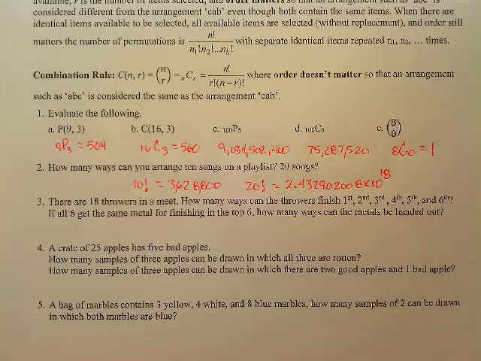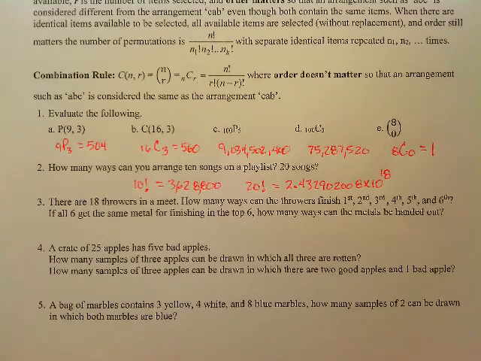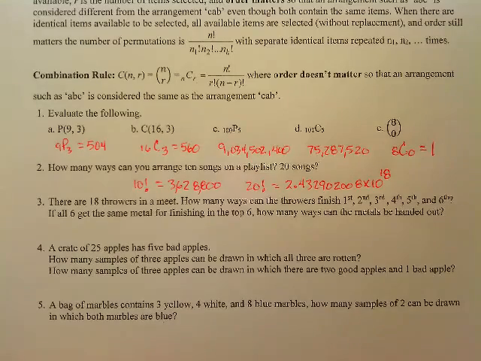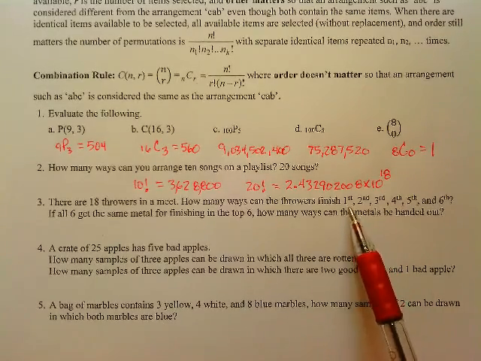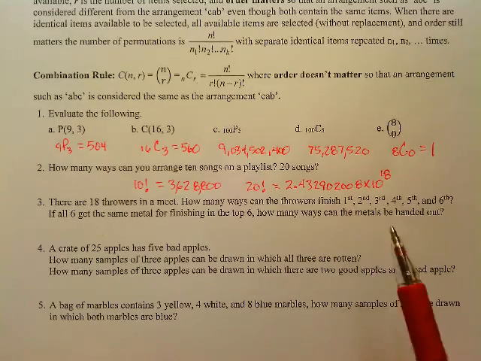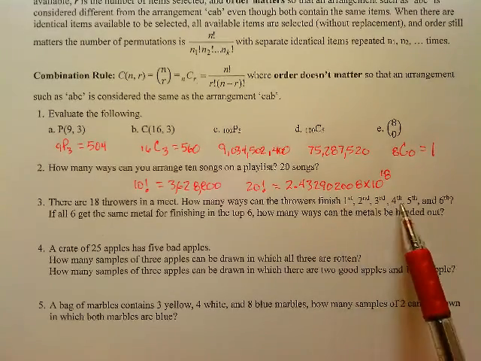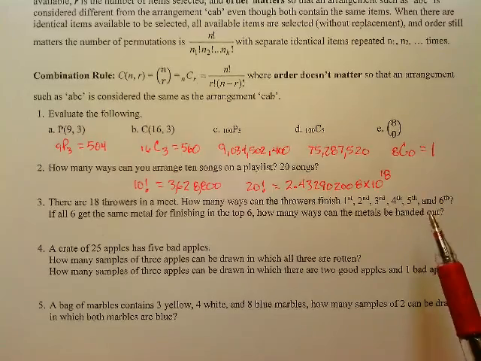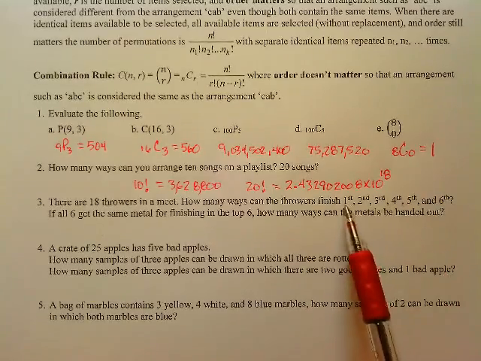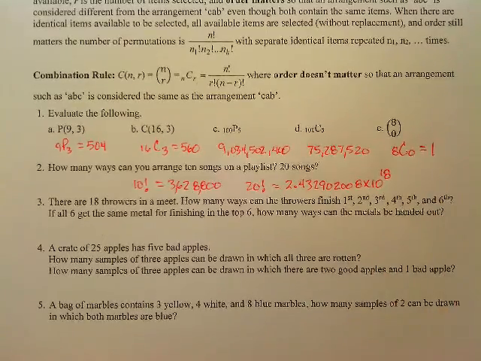So all 6 get a medal for finishing in the top 6. How many ways can the medals be handed out? If the medals are different, in other words, 1st, 2nd, 3rd, 4th, 5th, and 6th are printed on the medal, then order will matter. It's different if you're 1st or if you're 2nd and so forth.